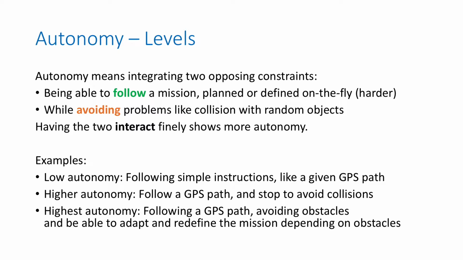The highest level of autonomy in our example is following the same GPS path, avoiding obstacles, and being able to adapt and redefine the mission depending on obstacles. For example, I have to find an object in a field. If I see that I have a lot of humans in a part of the field, I will focus on the other part of the field because it's safer to fly there. That's the highest level of autonomy for a drone.